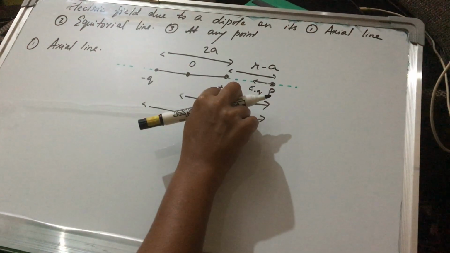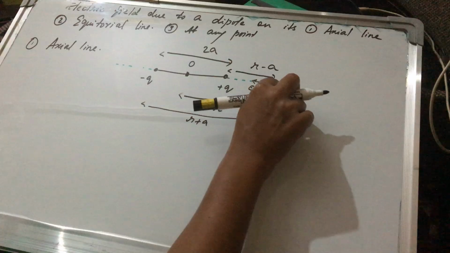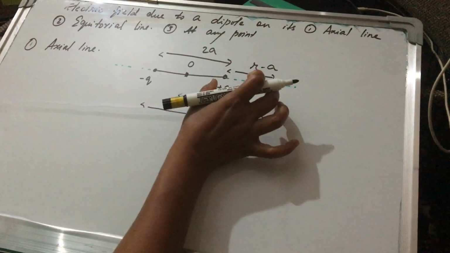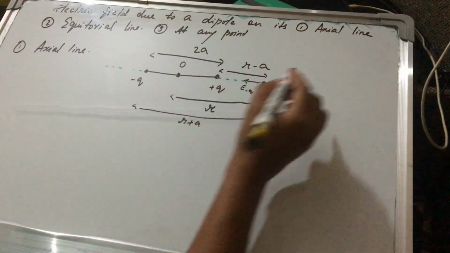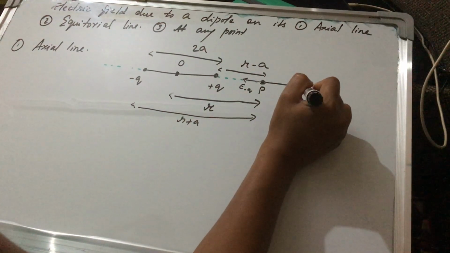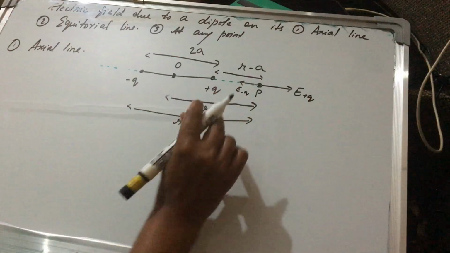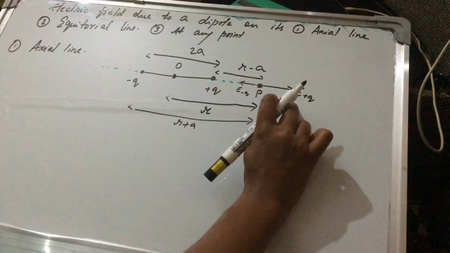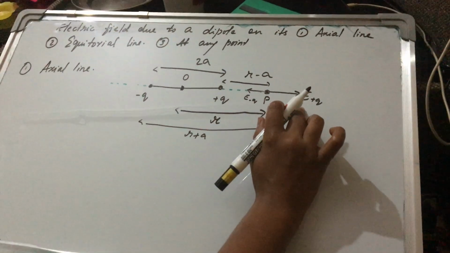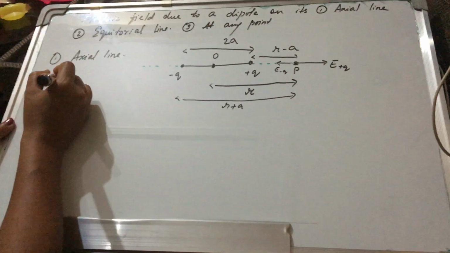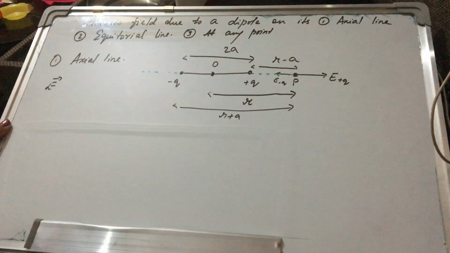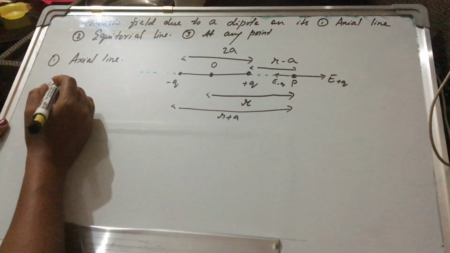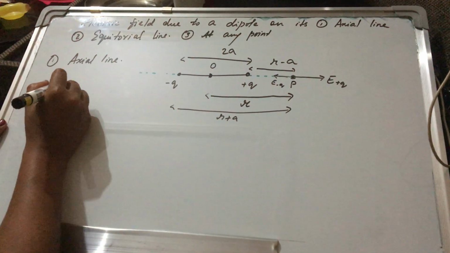Now due to plus Q, it will be in what direction? Repulsion, right? It is nearer, so the electric field will be bigger. But you will see that these two are oppositely directed but in a line. So what would be the total electric field? Electric field is a vector quantity, so we have to treat them in the form of vectors.